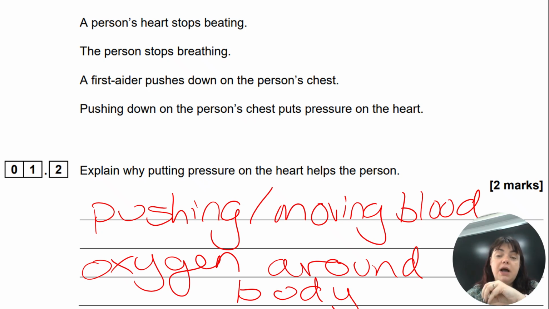You could talk about oxygen getting around the body through blood vessels or to get to a named organ. So, for example, to get to the stomach or the liver or the muscle cells. The only organ that you couldn't include is the lungs, because the person is not breathing, so it wouldn't matter. So there's your answer.